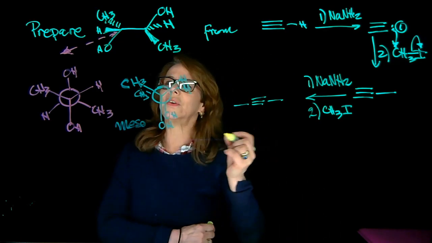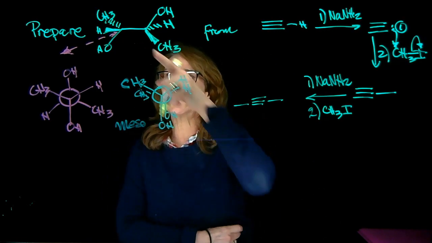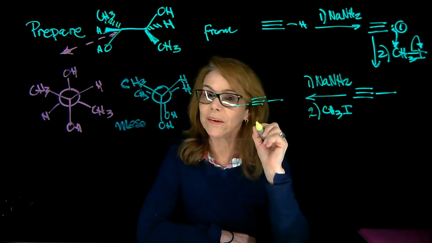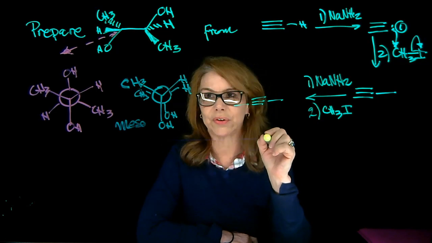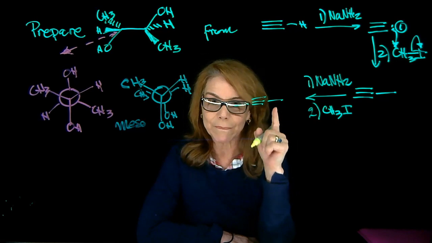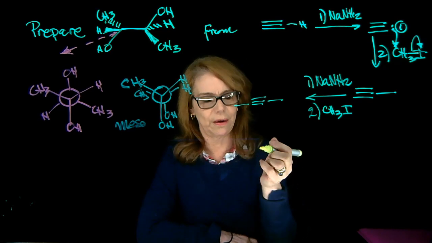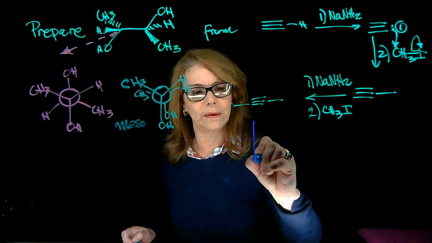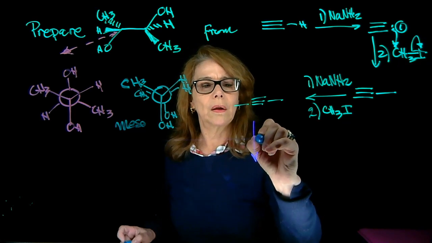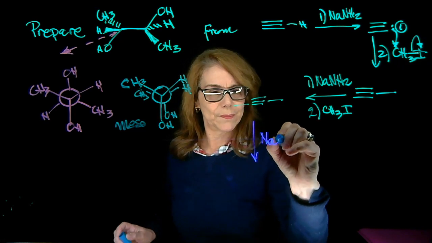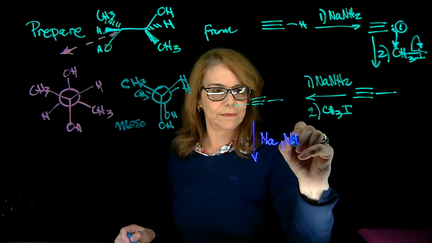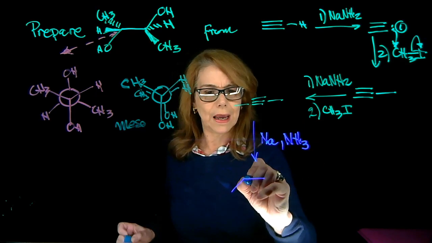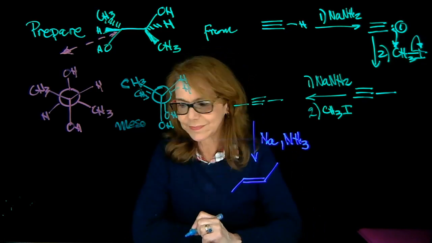Next thing that I need to know is the 2 CH3 need to be opposite to each other. So we can do a partial hydrogenation, but the one that keeps the trans configuration of the alkene. So here what we're going to do is use sodium and ammonia to get the trans alkene here.